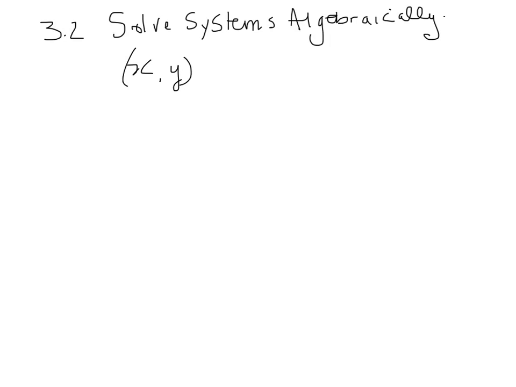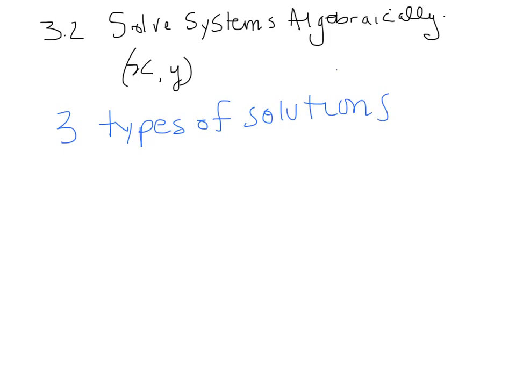So, there are, let's say, three types of solutions, and we'll go through each one of those. The one that we're familiar with is called consistent and independent.